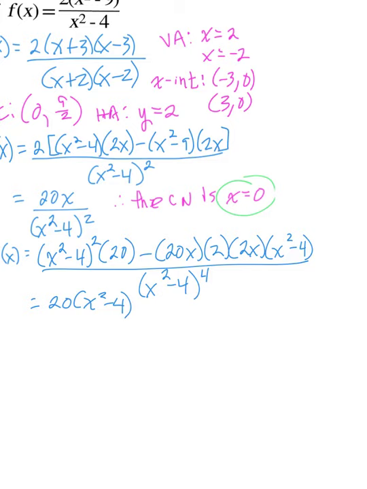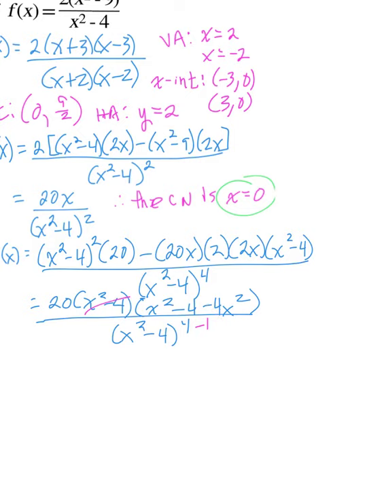And then if you combine those, you end up with times x squared minus 4 minus 4x squared all over x squared minus 4 to the 4th. Then I can cancel this x squared minus 4 with one of those, and I can combine these two terms in here, and I'll factor out a negative while I'm at it.